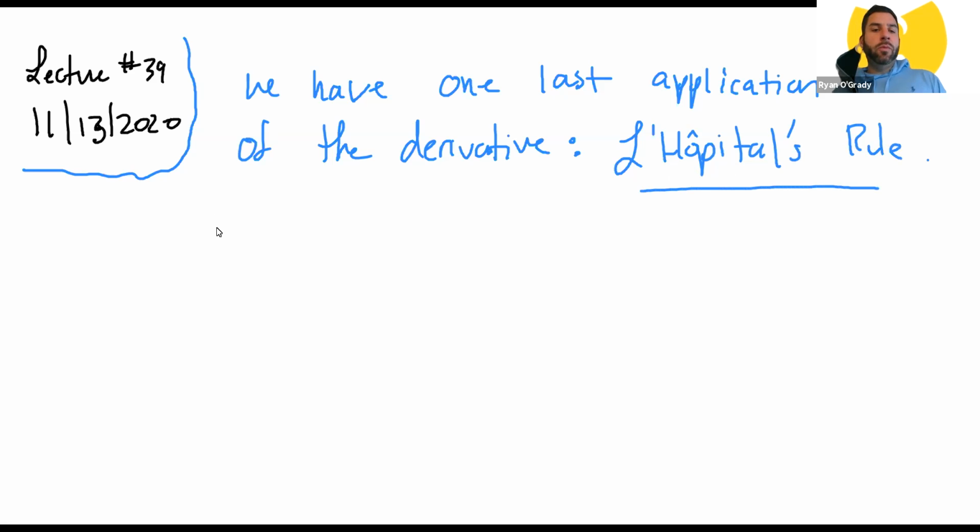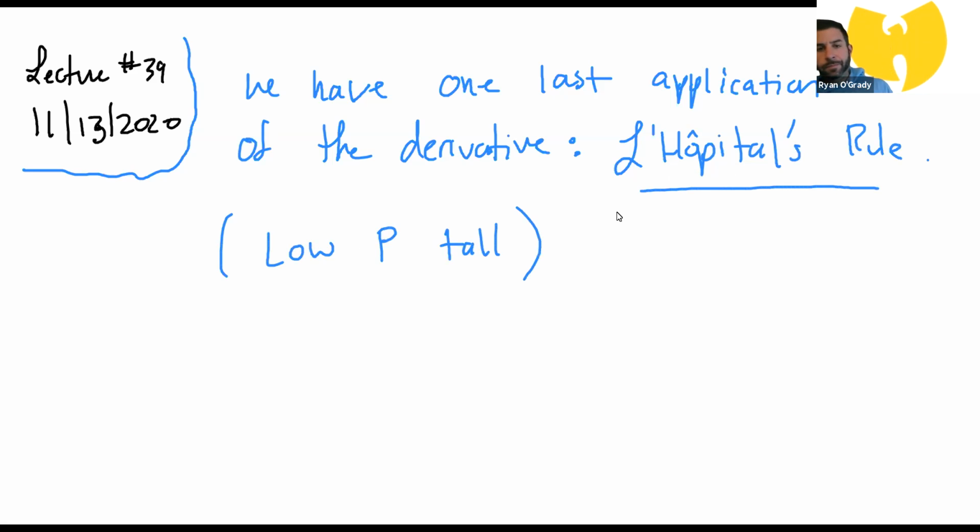The way you say this is "low P tall." That's one way to say it, phonetically.